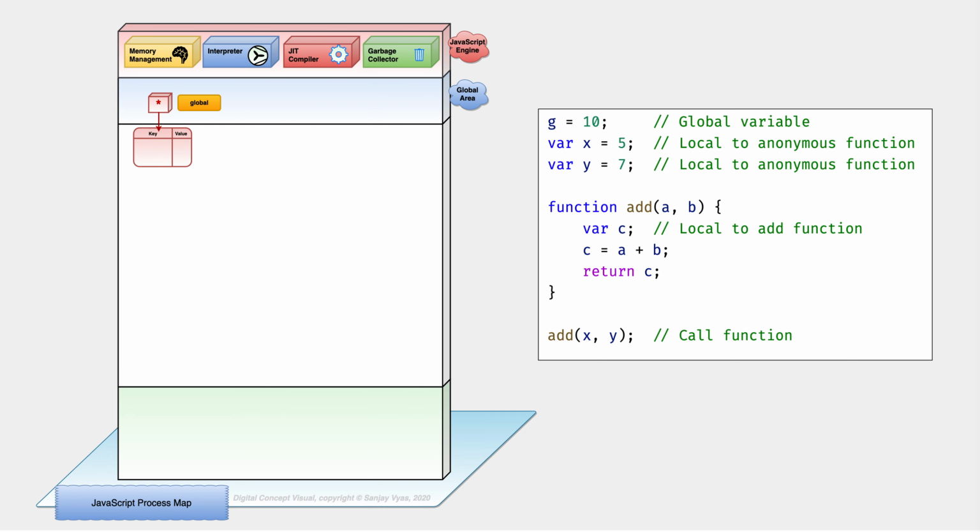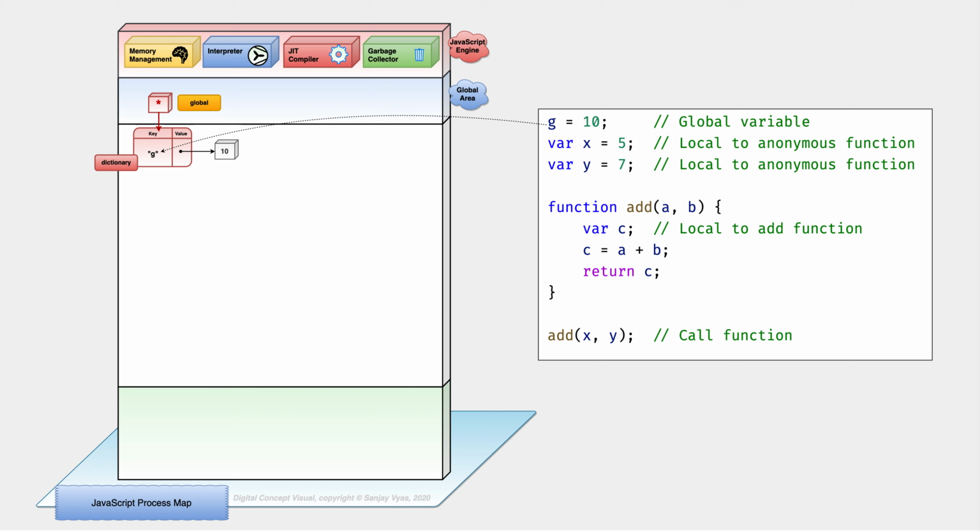So the global area creates a dictionary, also known as hash map or hash table, in the heap area and stores this global variable there. So when we write g equal to 10, g is basically a key in the dictionary, and the value is the value we are assigning to it.